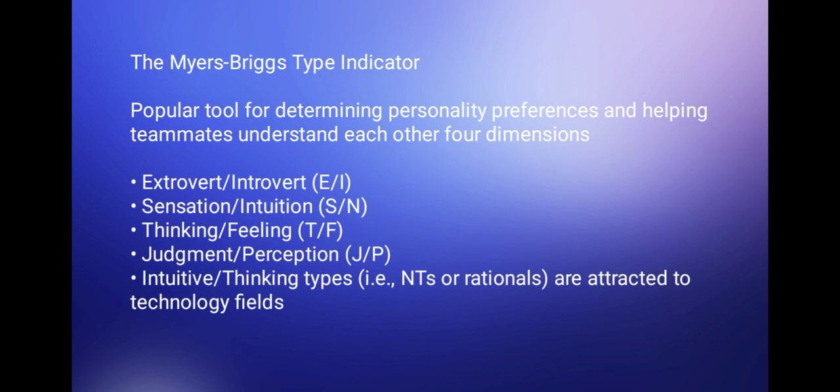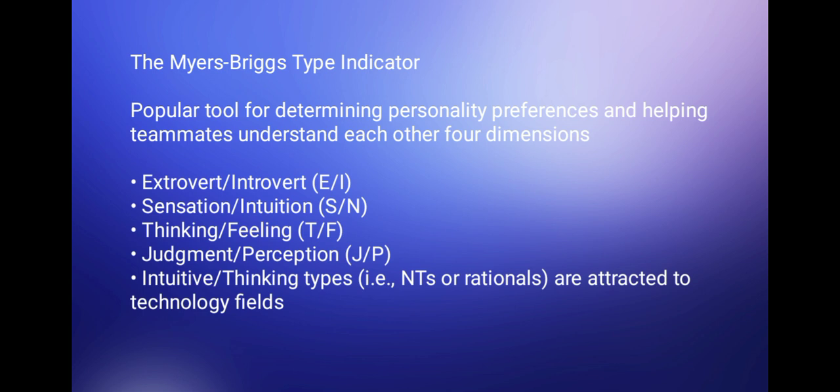Next is the Myers-Briggs Type Indicator, a popular tool for determining personality preference and helping teammates understand each other. 4 dimensions: extrovert, introvert, sensing, intuition, thinking, feeling, judging, perceiving.